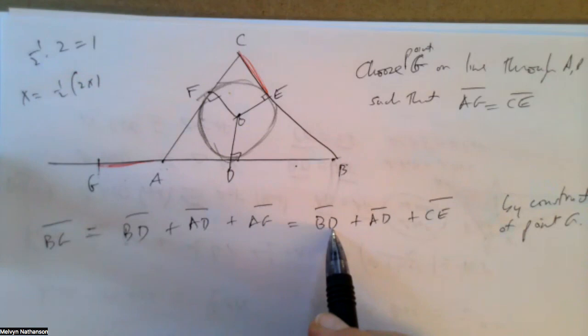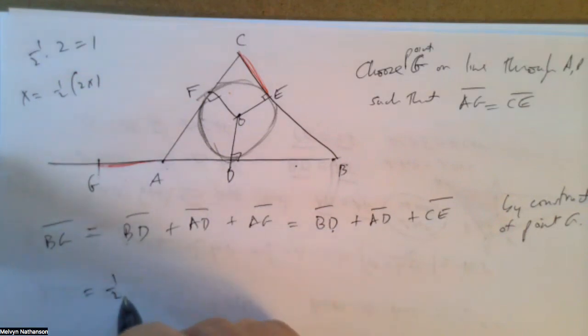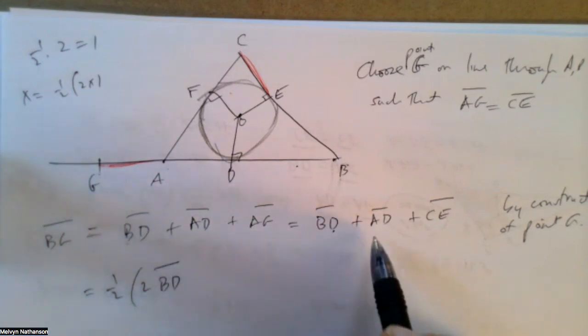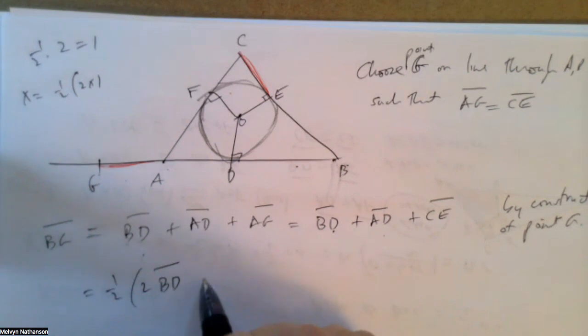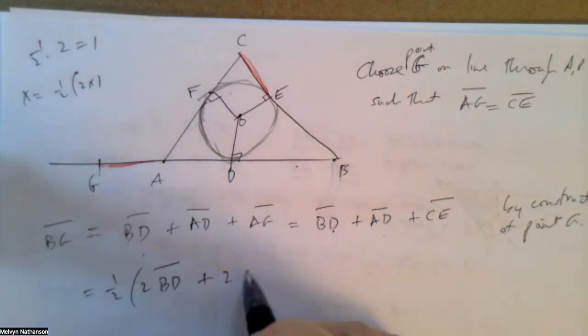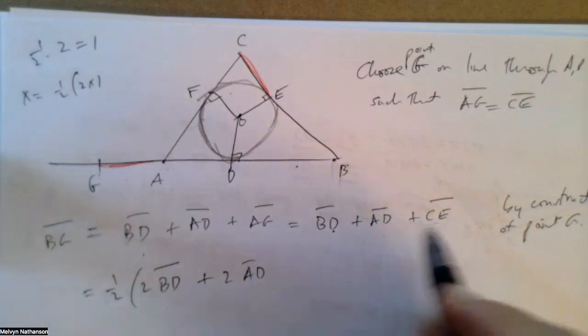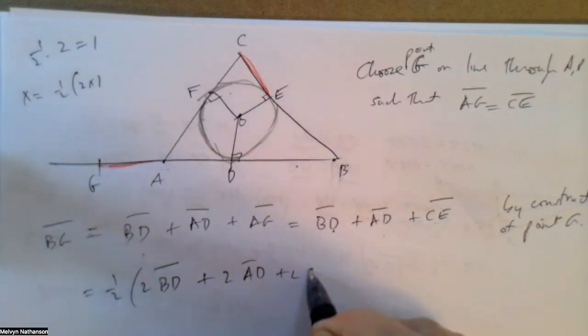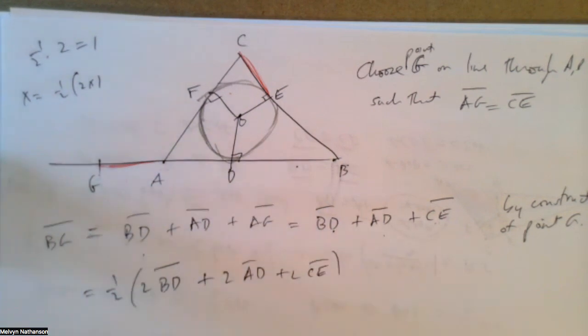So the distance from B to D is the same as 1/2 times 2 times the distance from B to D. And the distance from A to D is 1/2 times 2 times the distance from A to D. And the distance from C to E is 1/2 times 2 times the distance from C to E. So that's kind of trivial.